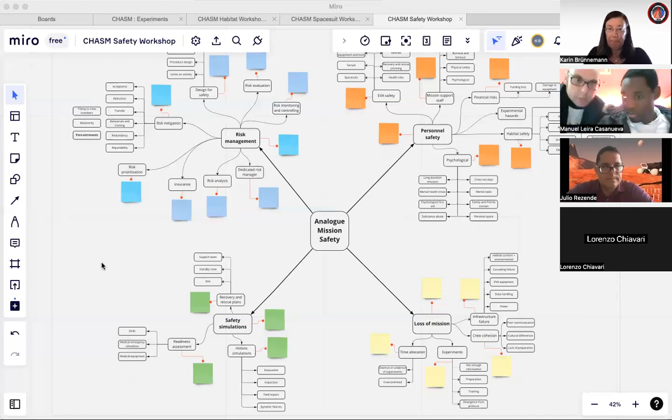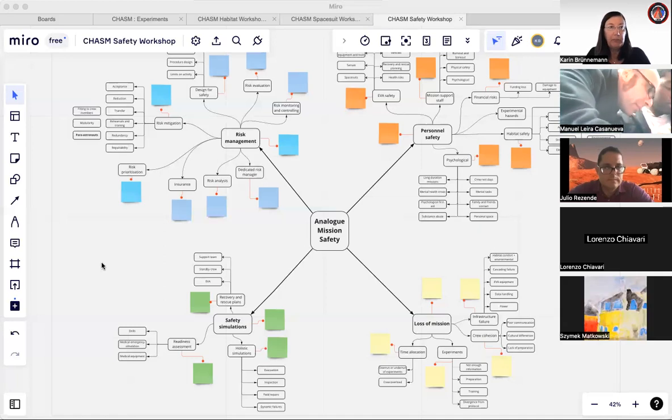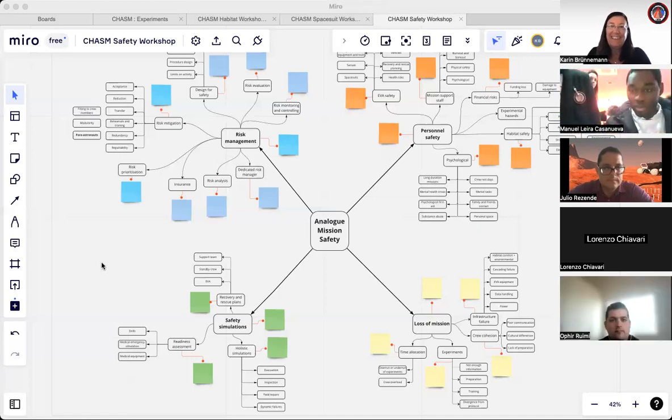So if I can give you a brief overview of what we are going to talk about now. As you can see on the screen, I hope everybody can see the screen. We have 4 main subtopics for the mission safety.